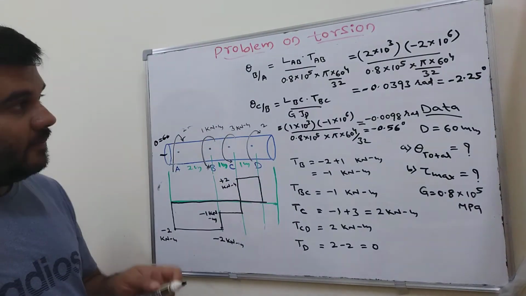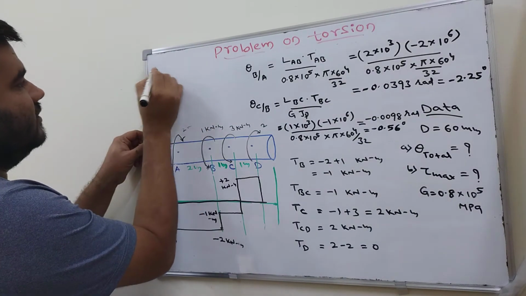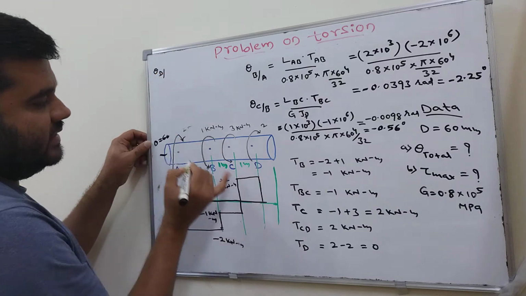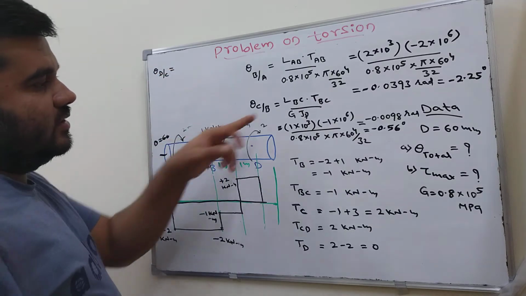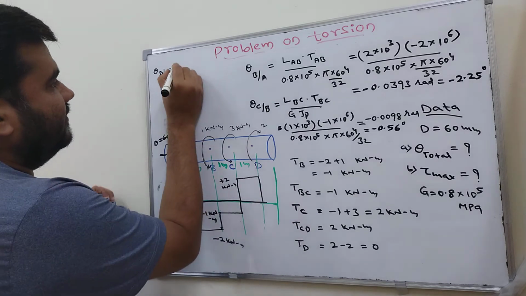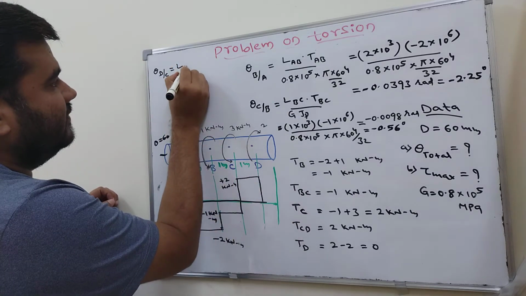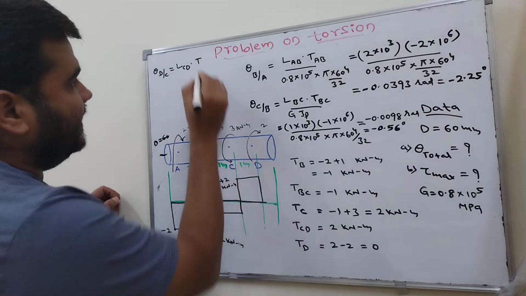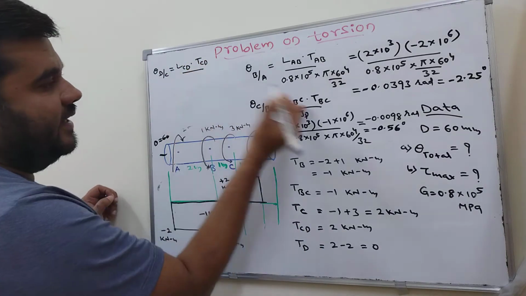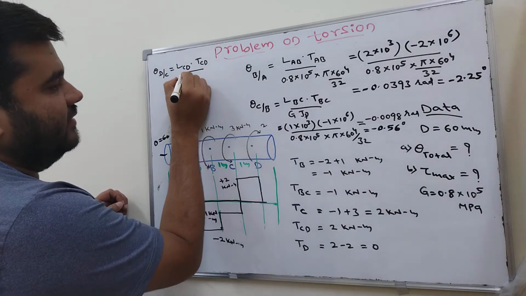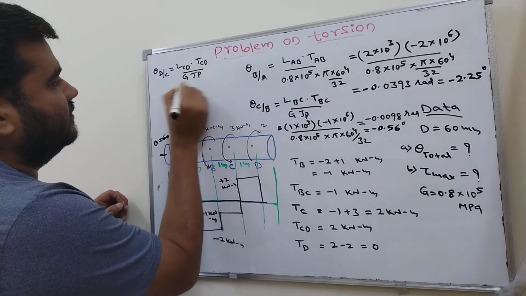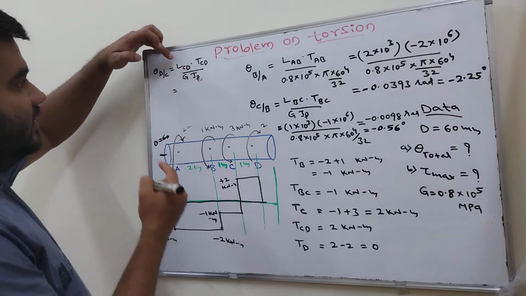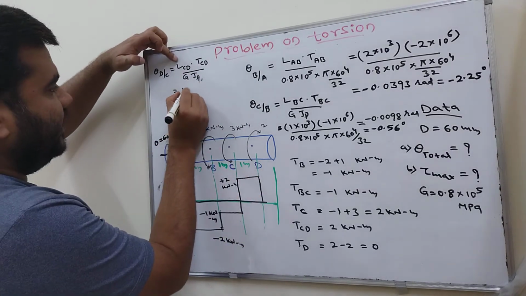The same applies: the angle of twist at section D with respect to C equals length of CD into torque of CD divided by the denominator, G into JP, the polar moment of inertia. Substituting, the length of CD is how much? 1 meter, 1 into 10 raised to 3.